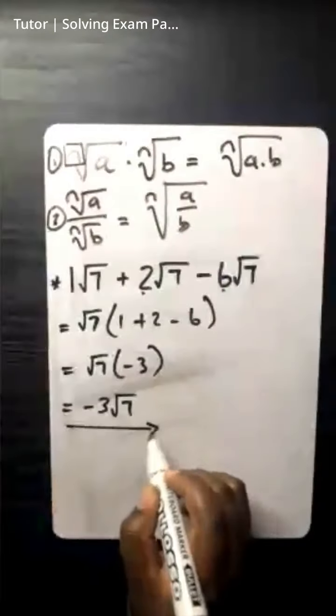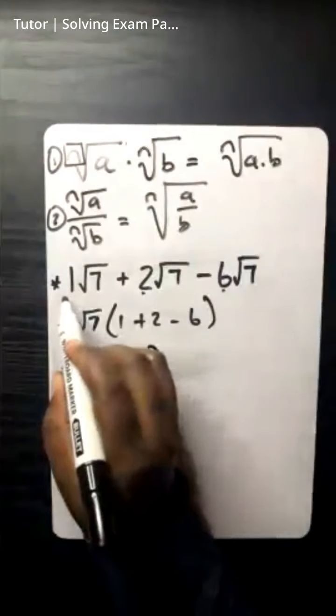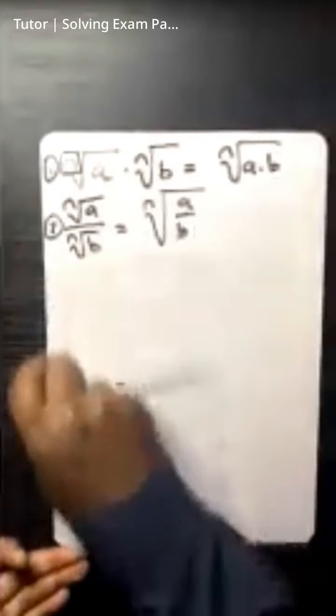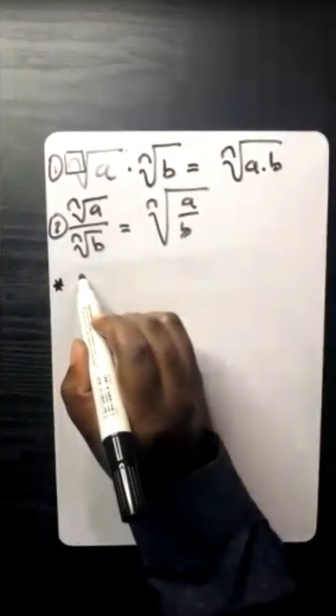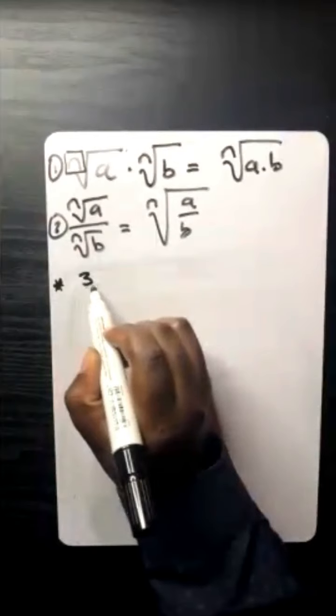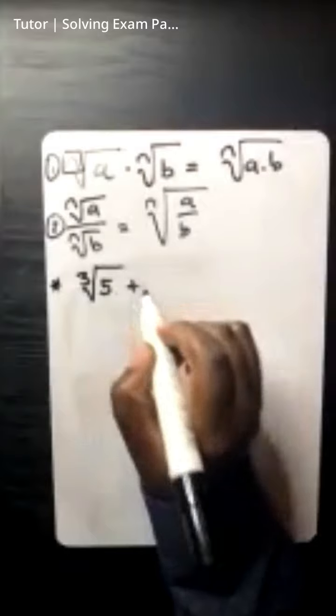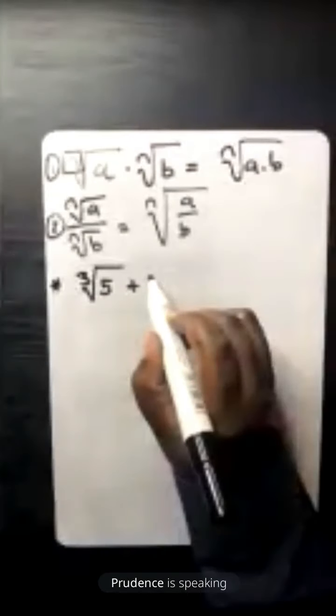So this is the end of it, which means if you punch all of this on a calculator, it should give you that. If it doesn't, then you know you've made a mistake somewhere along your simplification, or otherwise you punched it incorrectly.